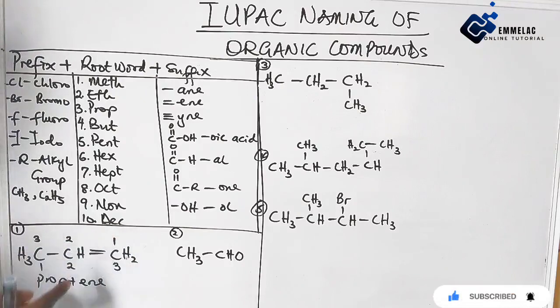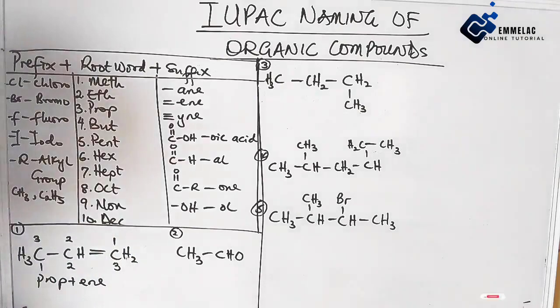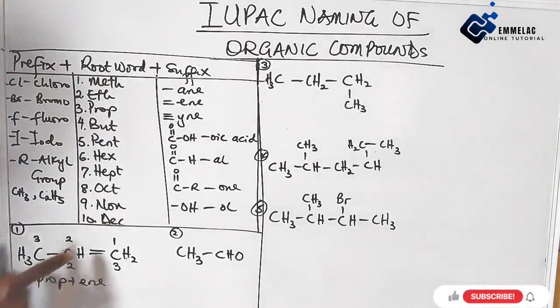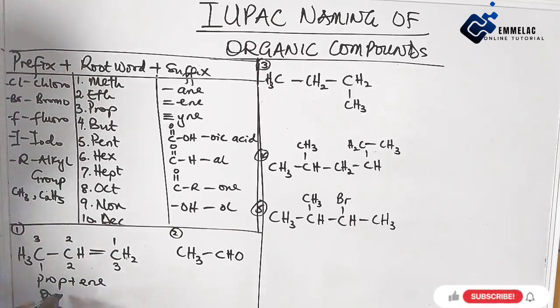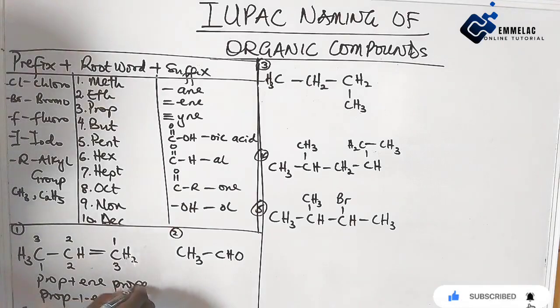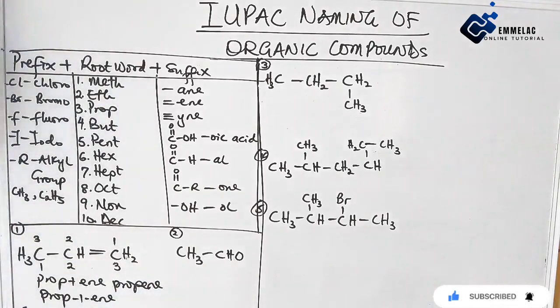In this case we have to choose the lowest number, which is 1. So this double bond is in the position of the first carbon atom. We can rewrite this as either prop-1-ene or just propene. Whichever. So this is number 1.